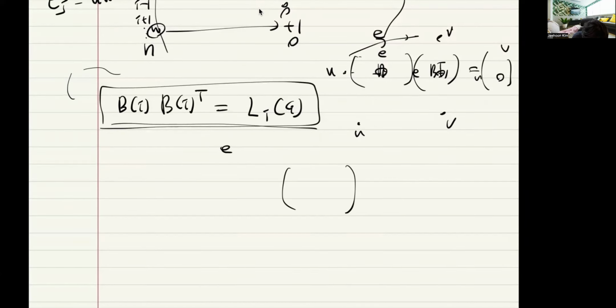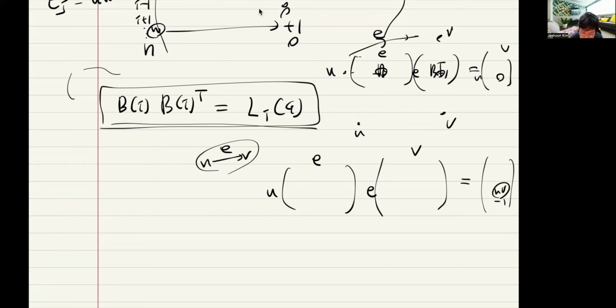So if you have E from U to V, you have U here and V here. The UV entry is -1 if there is an edge between U and V, because in this case one coordinate is -1 and the other is +1, and they are multiplied to yield this entry.